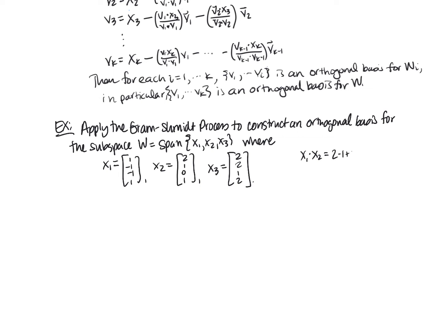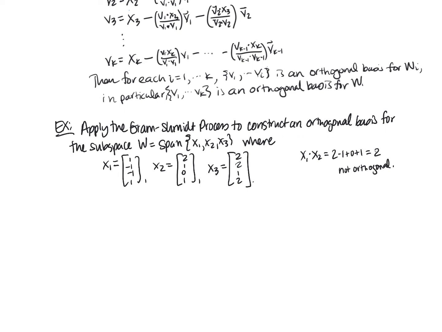So that gives me 2. And so I can see x1 and x2 are not orthogonal to one another because their dot product is not 0. Now, you don't have to check. I just wanted to point out that we can check. Maybe we're given a basis that actually is orthogonal. That would be great. But in this case, no.